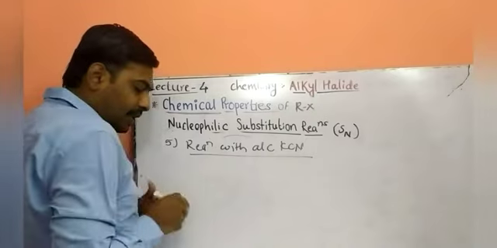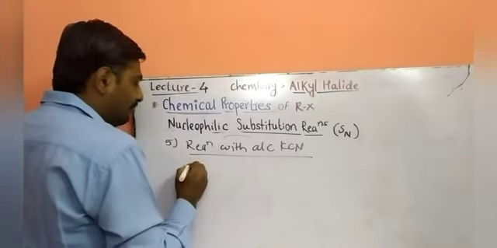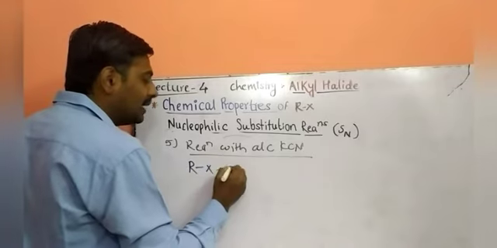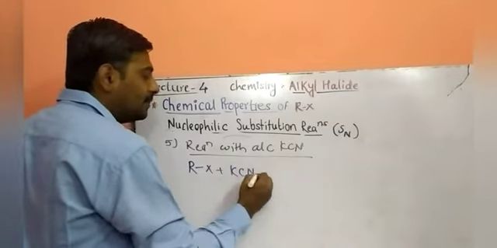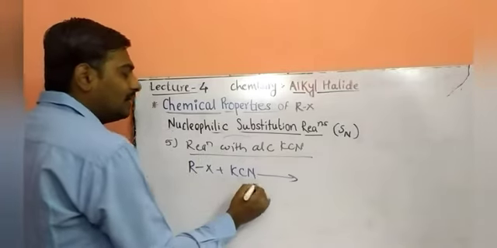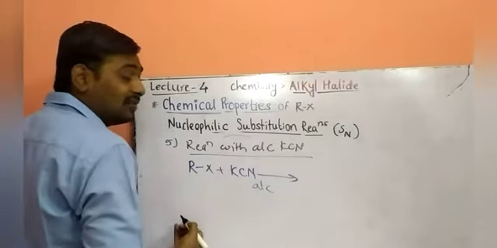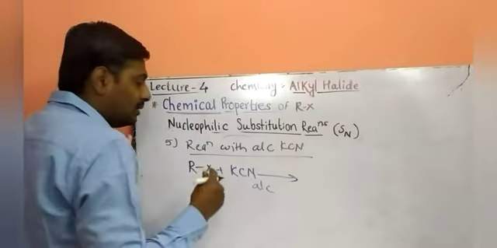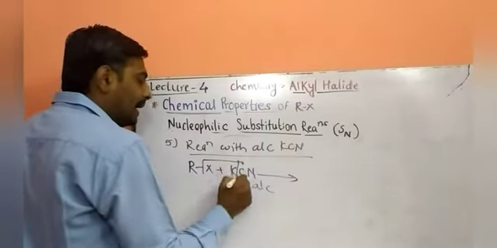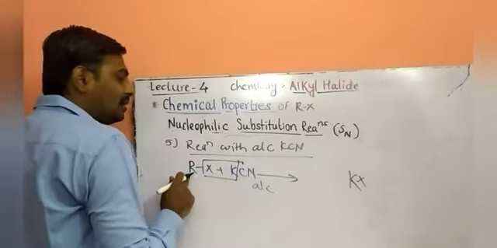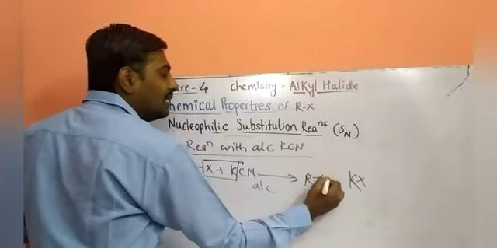So when alkyl halide RX is reacted with KCN, what does it give? When potassium cyanide reacts with alkyl halide in presence of what medium? In presence of alcoholic medium, it gives a substitution type of product. Again, KX as a byproduct in this reaction, and what will be the main product? RCN, that is alkyl cyanide.